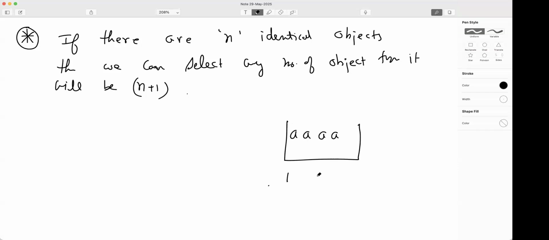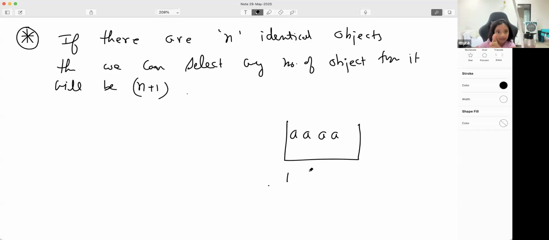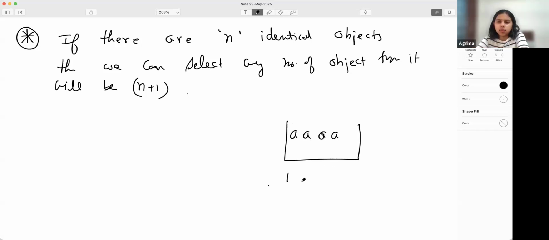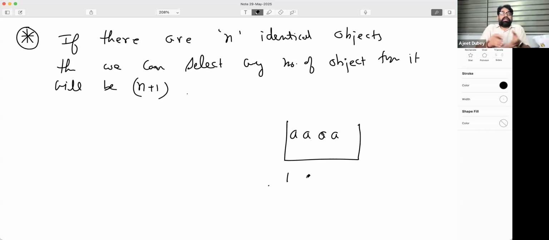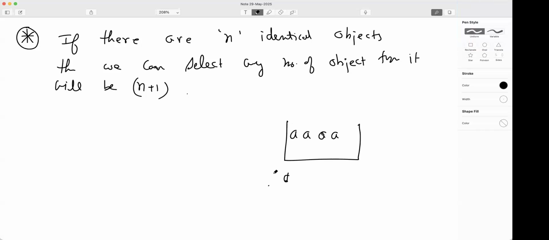Only one way. All the A's are the same, so if you have to select one letter, there is one way. If I ask how many ways you can select two letters, again one way.